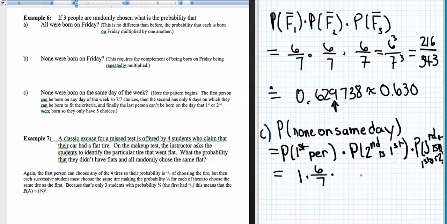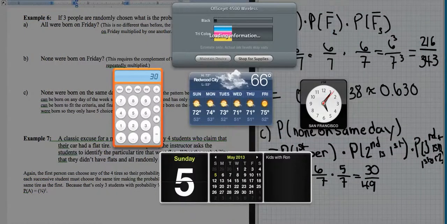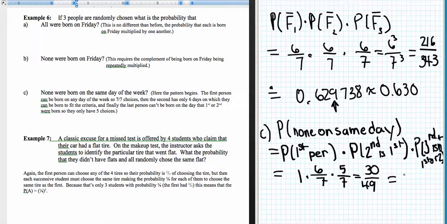And then the third person, well, let's say the second person was born on Tuesday, so the third person can't be born on Tuesday or Wednesday, but they still have Thursday, Friday, Saturday, Sunday, Monday, so they still have 5 out of 7 possible choices. So this gives us a probability of 30 out of 49. And finding out what that is, 30 divided by 49, we find that probability to be 0.612. So our probability here is 0.612.